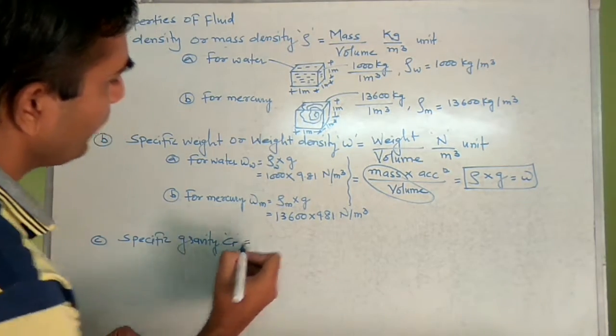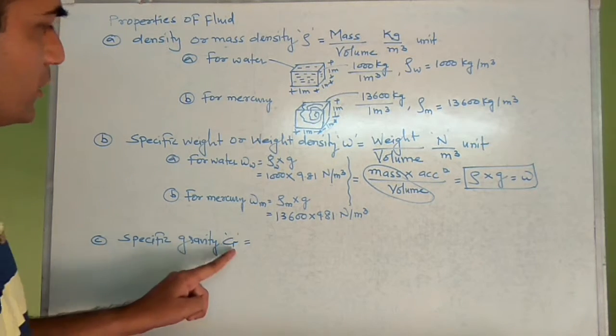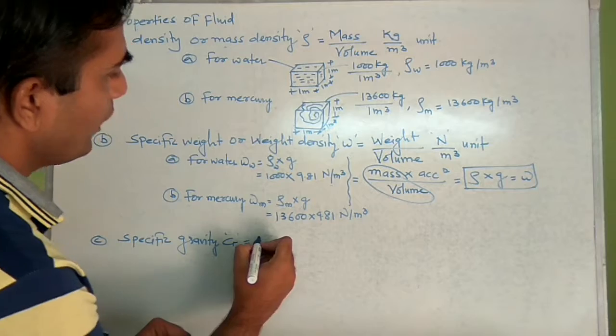Now come to the third point, that is specific gravity. Specific gravity is denoted by g.